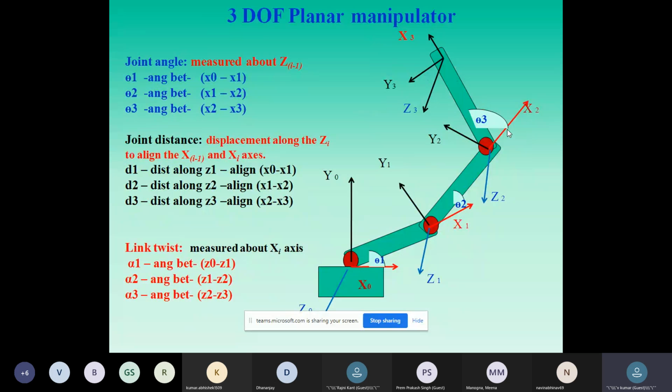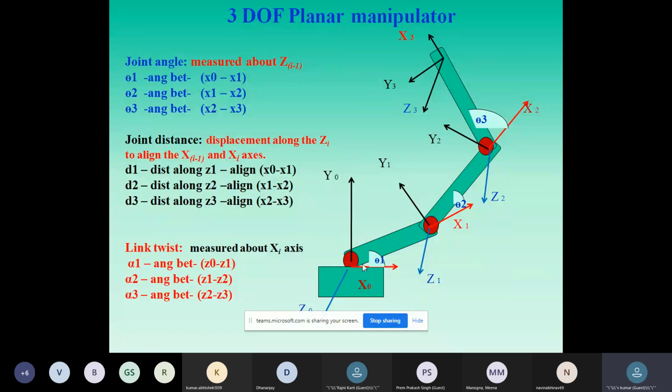Joint angle is the angle between x0 and x1 about z0. x0 is in this direction, x1 is in this direction, so the angle between these two is θ1. Extend in this direction and this direction; this is θ1 about z0.